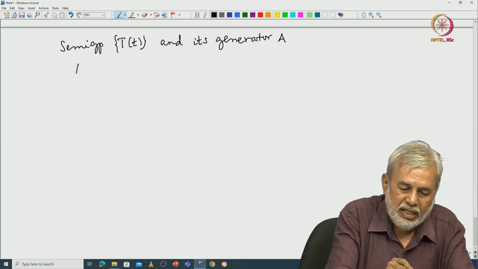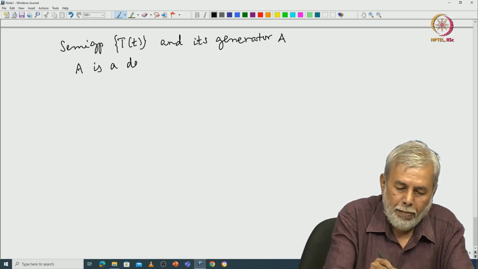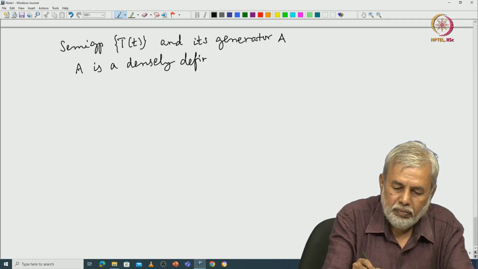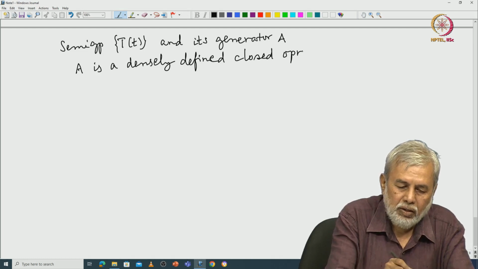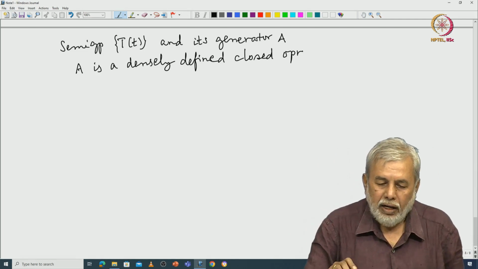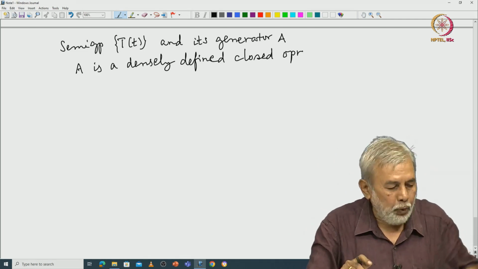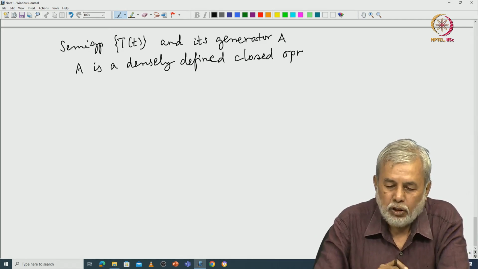A is a densely defined closed operator. Okay. So, we also saw that given a semi group, we already have a solution of the abstract Cauchy problem.